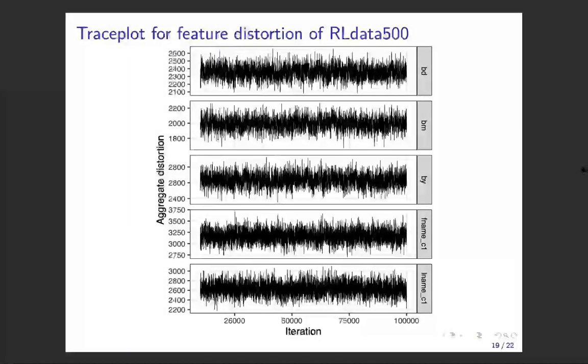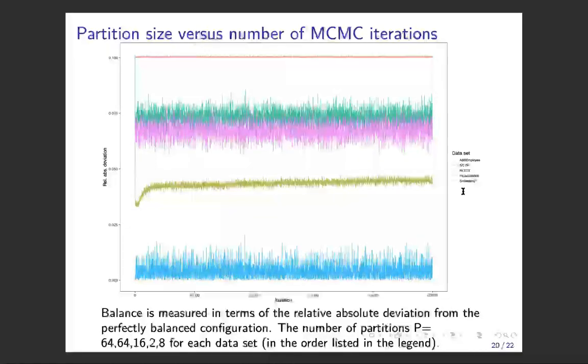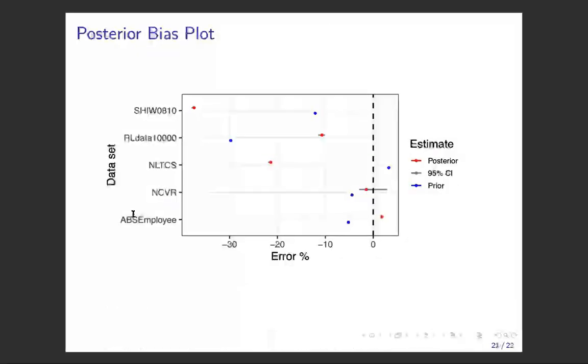The diagnostics plot will allow you to do trace plots for different feature distortions of the RLdata500 data set. We're able to look at the partition size for different MCMC iterations. So this is looking at all of the data sets that we have. And we can see that the balance here is measured in terms of the relative absolute deviation from a perfectly balanced configuration. And we have different numbers of partitions here. We can also plot the posterior bias plot that I showed you in our paper.